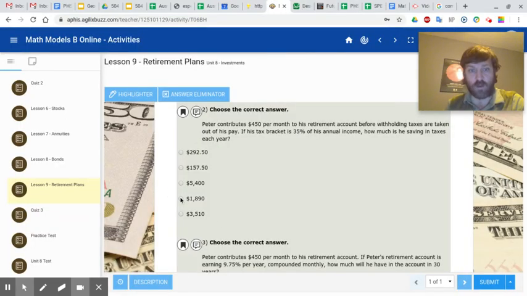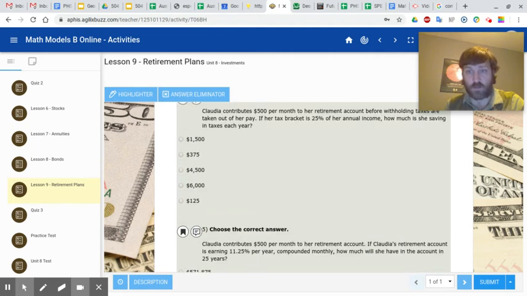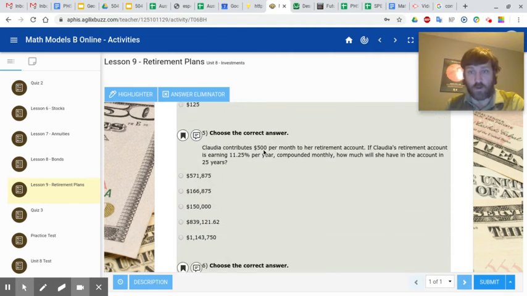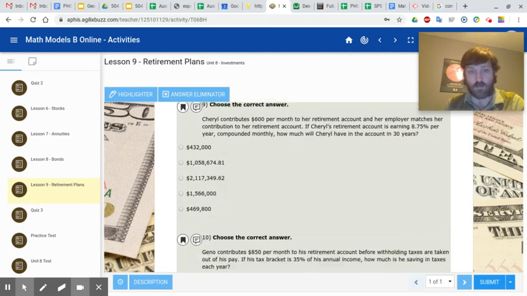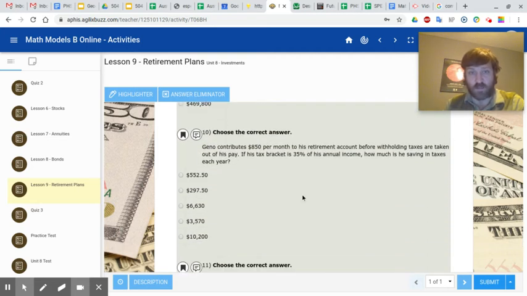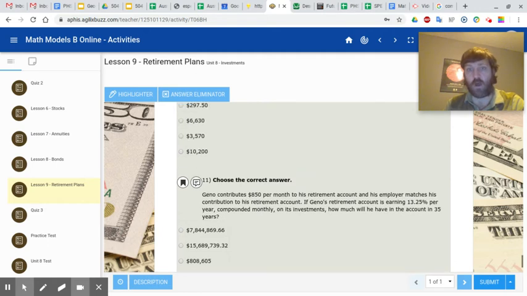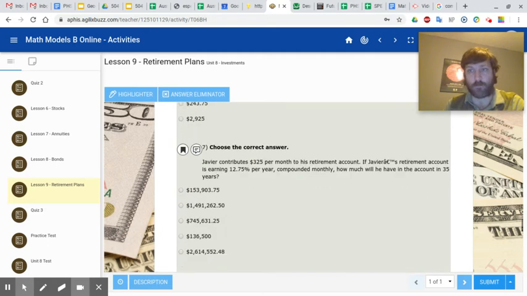So that's how much money he saves in taxes if he just puts it directly into a retirement account. So that's how this type of question works. That's going to be like number 2, number 4, number 6, number 8, 10, all of this. So all the even numbered questions are going to be like that.